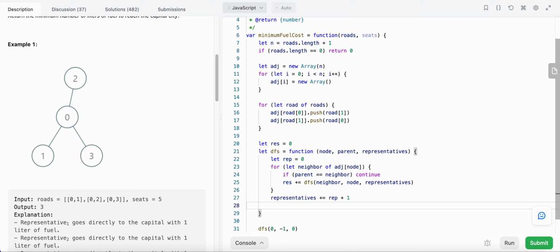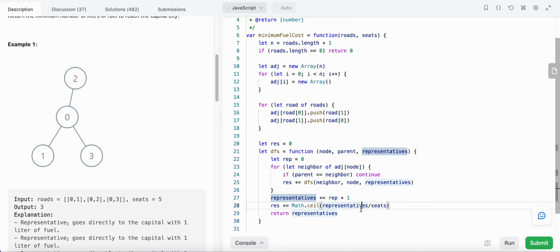And then our result would be equal to, so we are going to take the ceiling value, right? The number of representatives divided by the number of seats available, and then finally we are going to return the number of representatives.